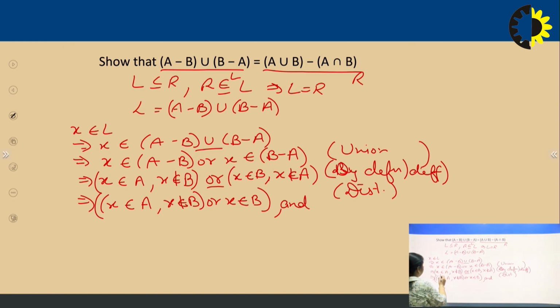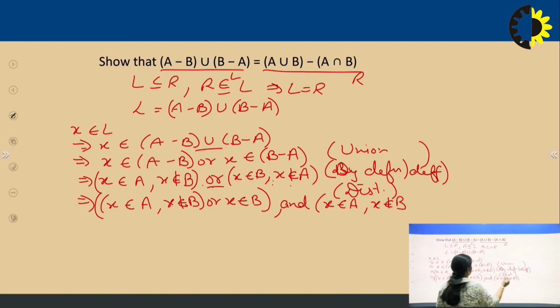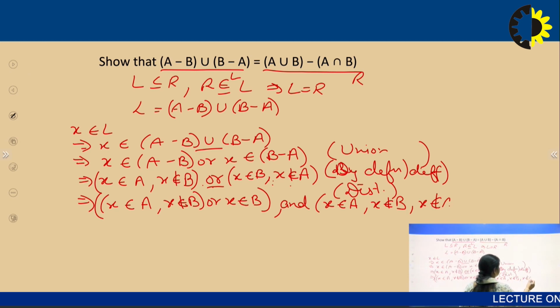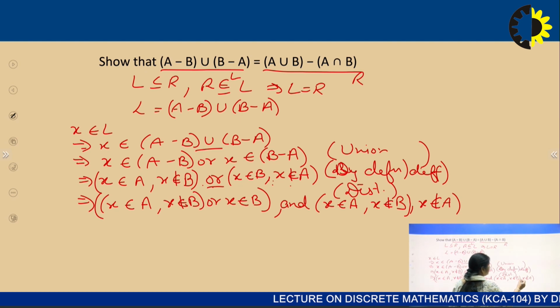What is the second? X belongs to A, X doesn't belong to B. I am distributing this OR over this AND. So X belongs to A, X doesn't belong to B, and X doesn't belong to A, right? This is my and.